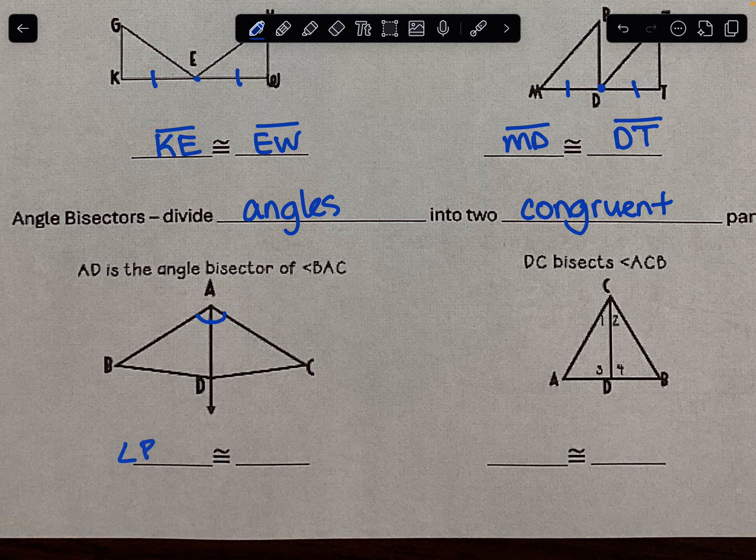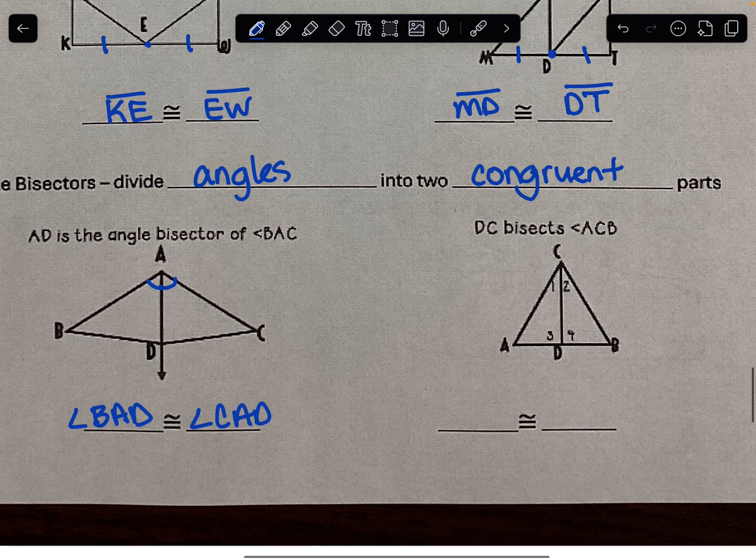BAD, good. Then start from the other side. So if I started at B and went to A, then I've got to start at C and go to A. So CAD.